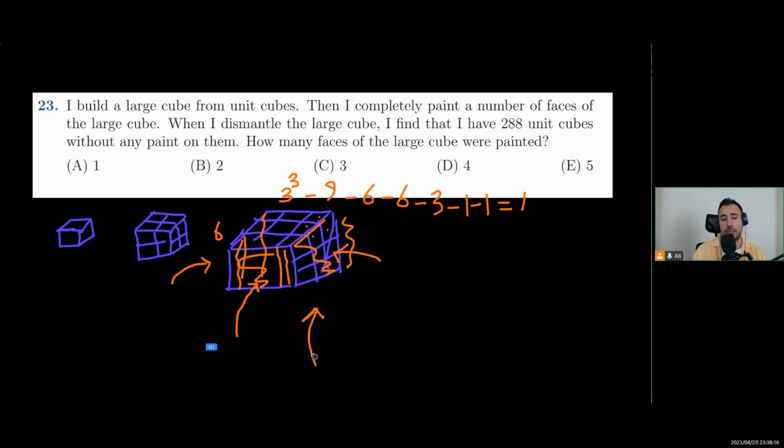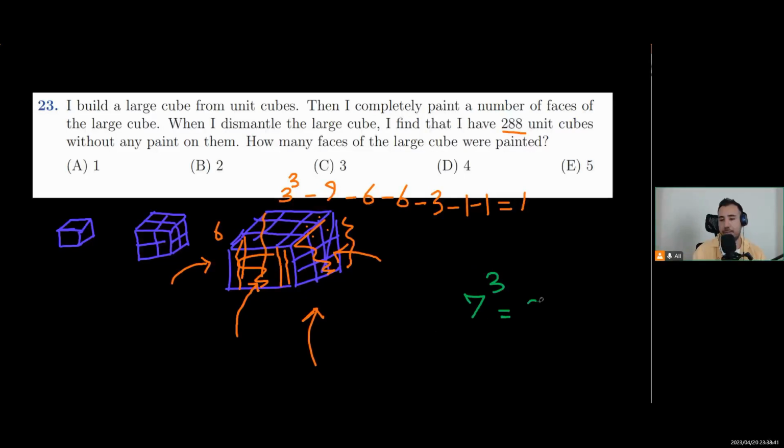So now you see 288 cubes without paint. So that means the cube must be much larger than 27, right? So the one that we could try next, let me change the color, is what if it's going to be 7 cubed?